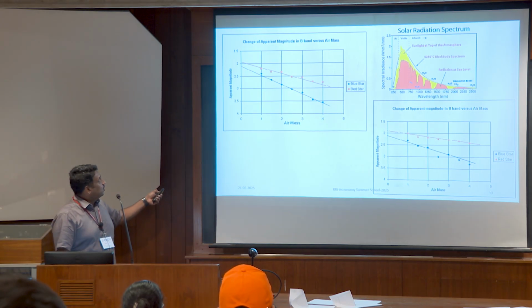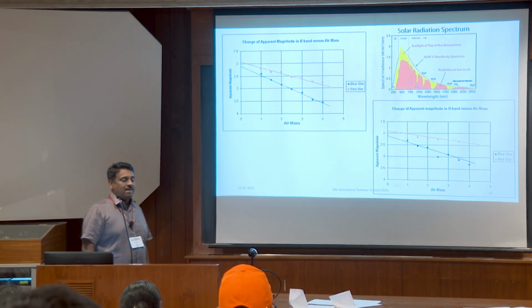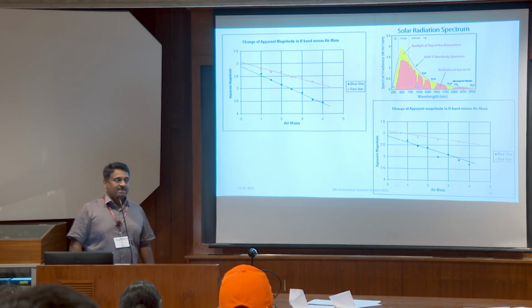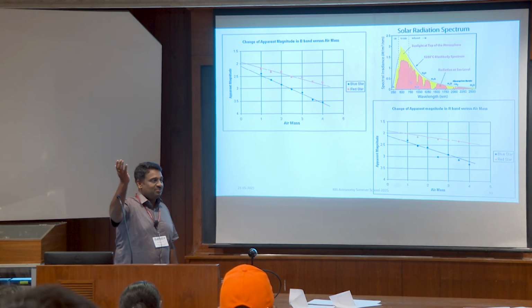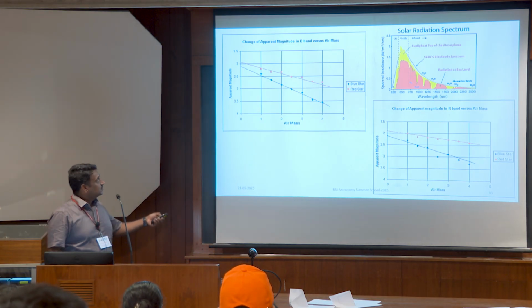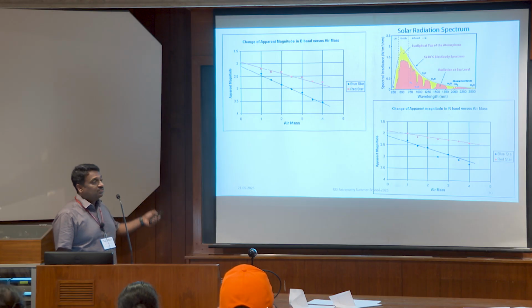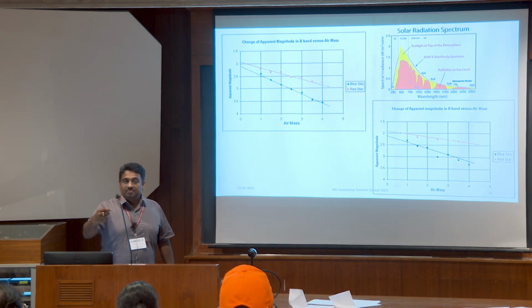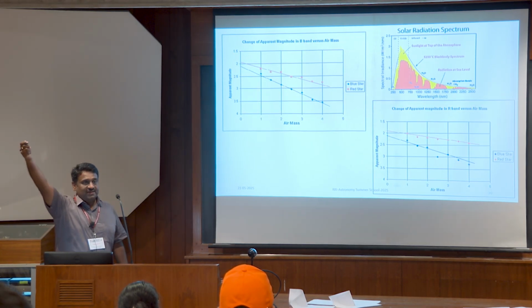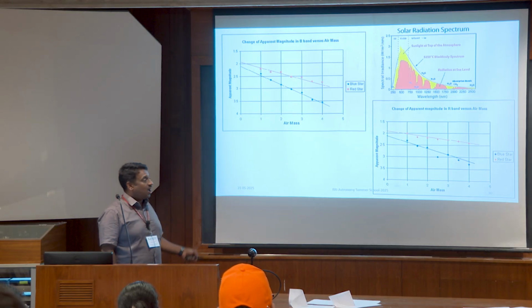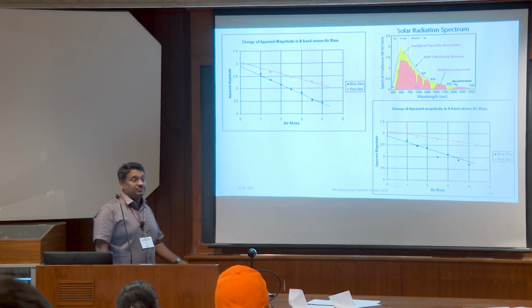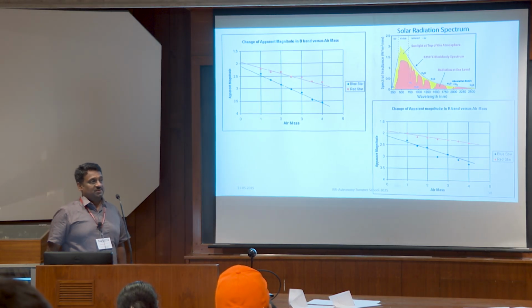Now what do you mean by air mass 0? Outside the atmosphere, right? So by fitting this, I can calculate what is the magnitude of the source outside the Earth's atmosphere and how much extinction it suffers in an observatory.